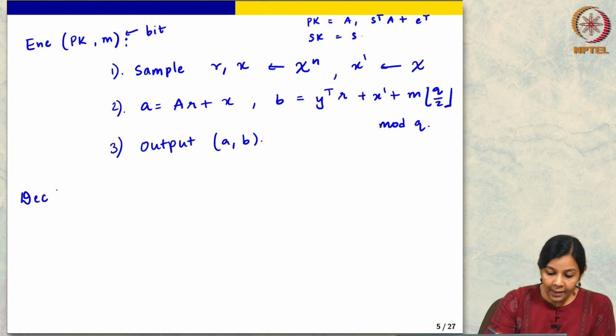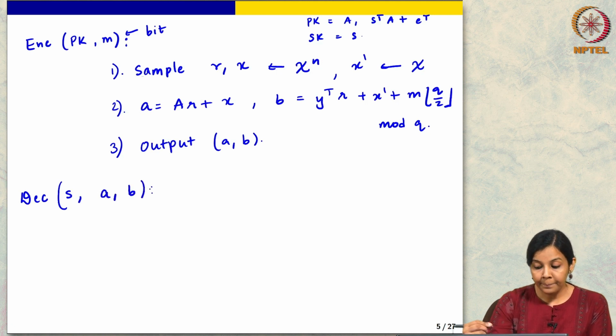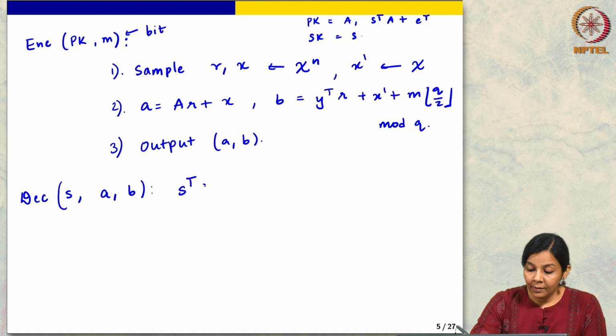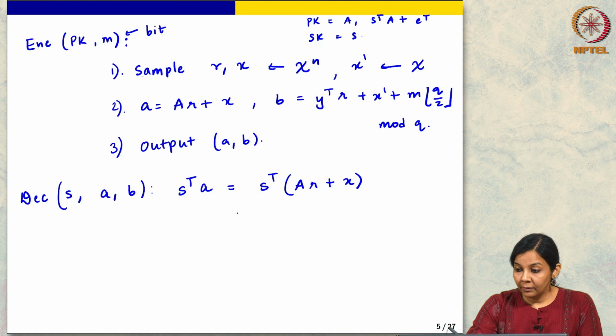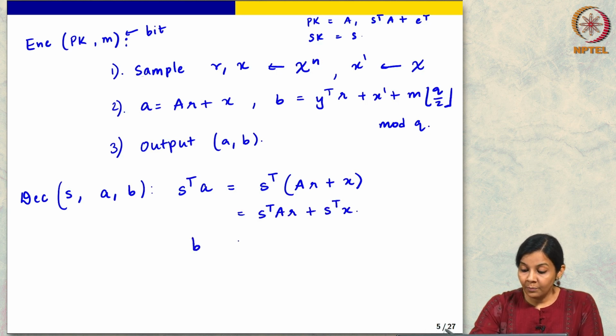Now, can anyone tell me how to decrypt? I am given S and I am given A and B. So let me compute S transpose A. What is this? This is S transpose AR plus X, so this is S transpose AR plus S transpose X. Now, what is B?